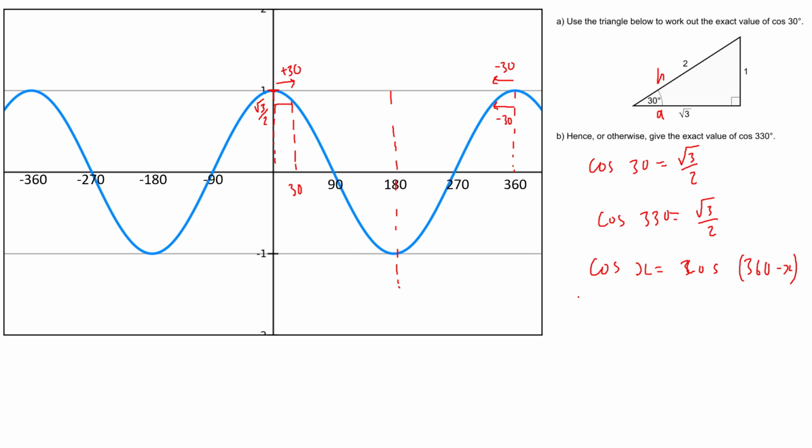And there you go, that's pretty straightforward, right? And so, like I said, if you remember the formula, then you know cos 30 will equal cos 360 minus 30. So you can jump to the answer cos 330.